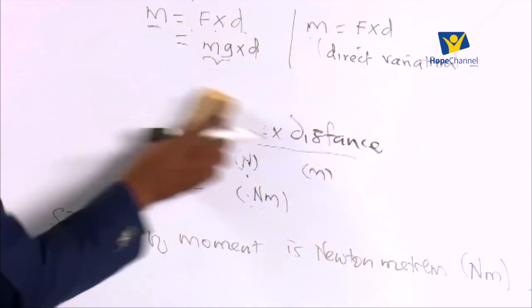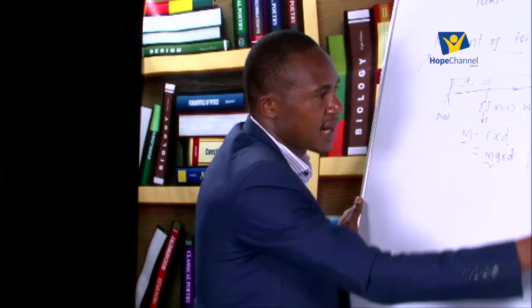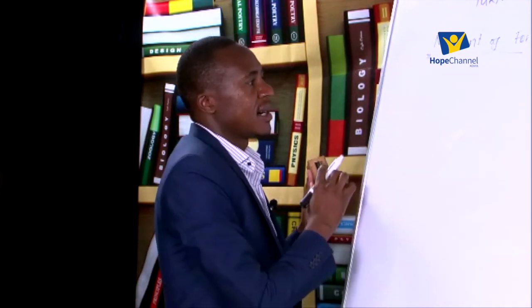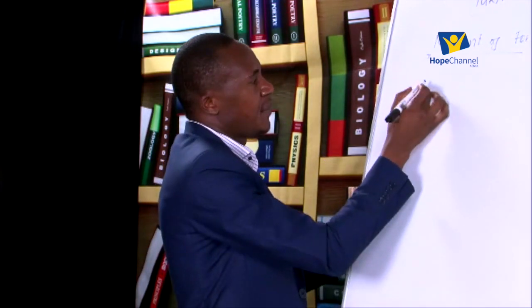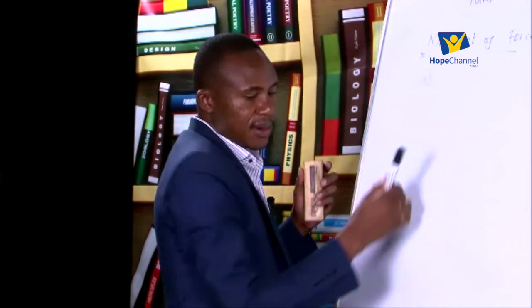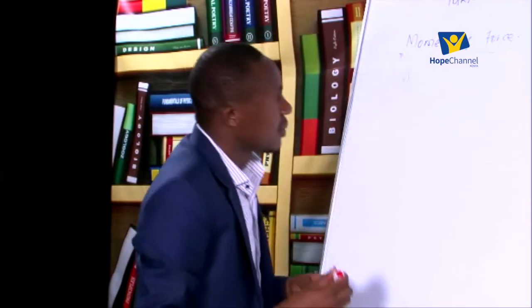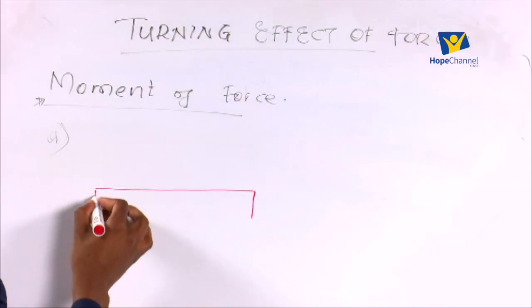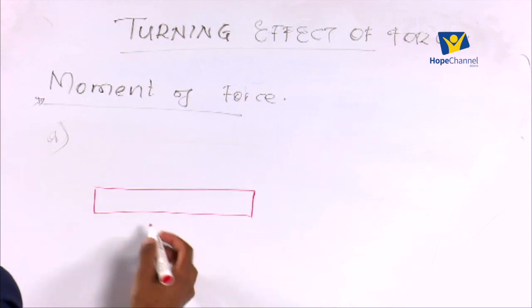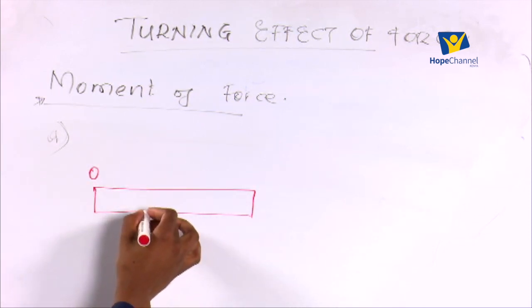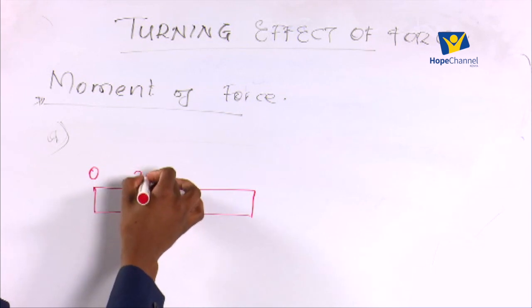For example, if we obtain the moment due to the forces indicated on the diagram. For the first diagram, we have an object, probably a meter rule, and this meter rule, say, if this is 0, is pivoted at 20.